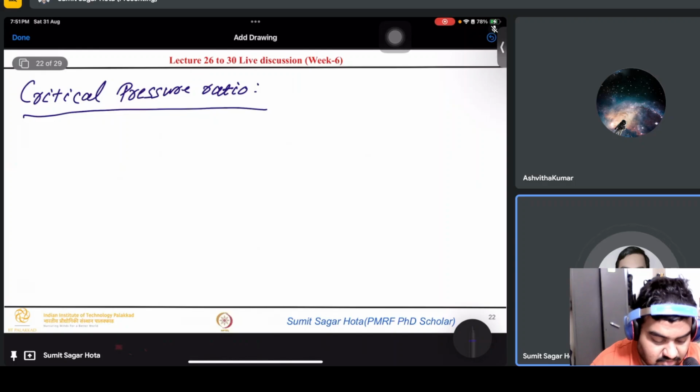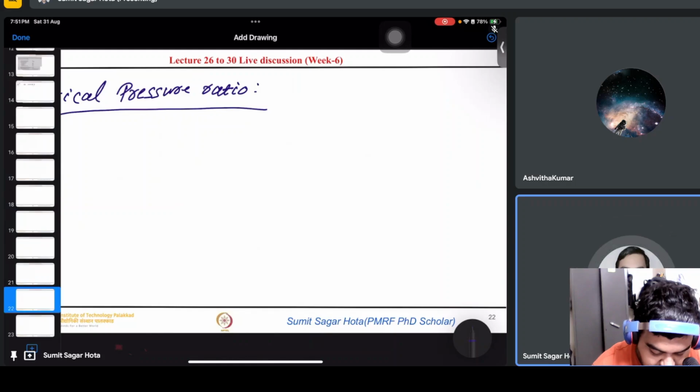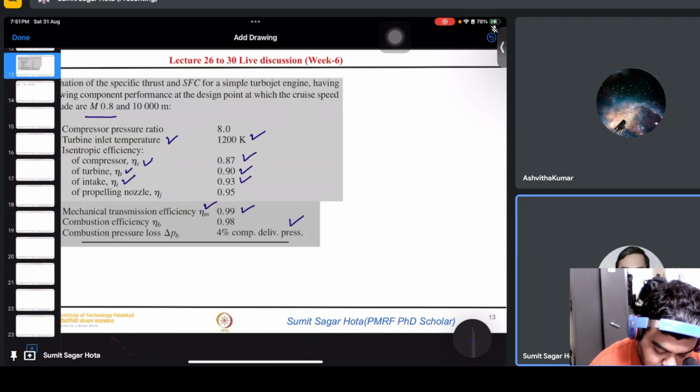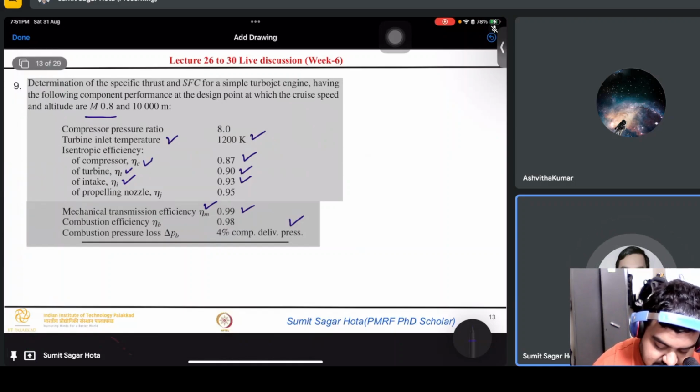They only have to supply you the value of gamma and one more important parameter, which is the isentropic efficiency of the propelling nozzle. In one word, nozzle efficiency.